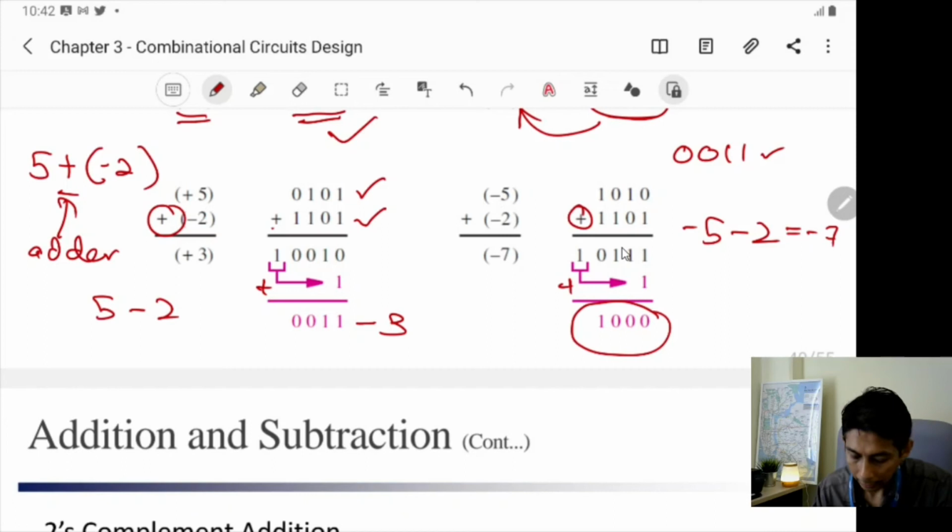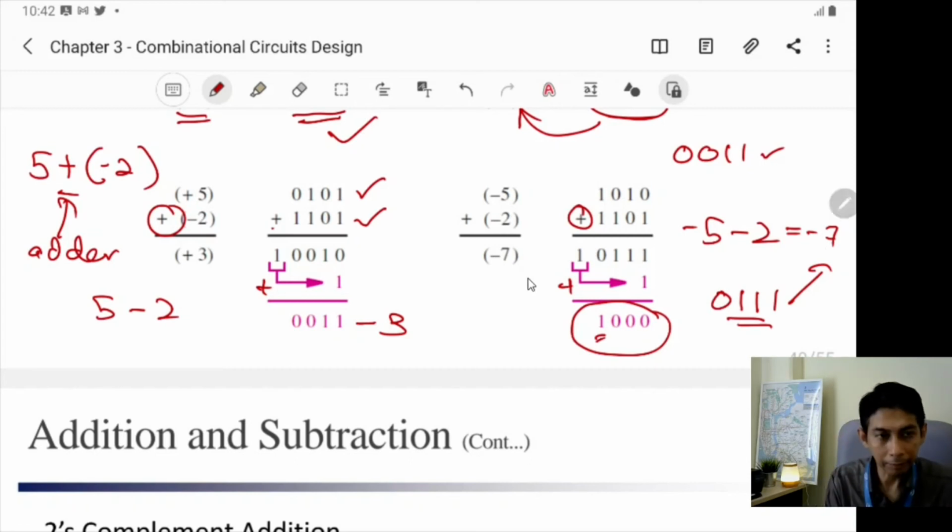What is this? This is of course negative, but we don't know yet negative what. So we need to complement this. We have 0, 1, 1, 1. So yes, this is negative 7 actually. Minus 7, and correct.